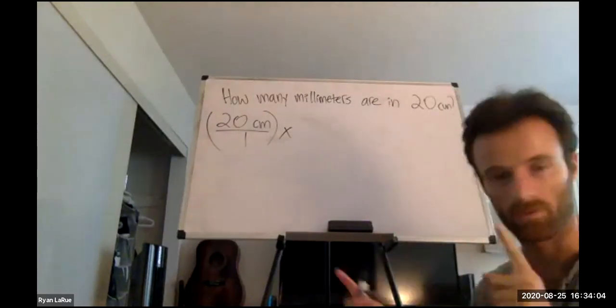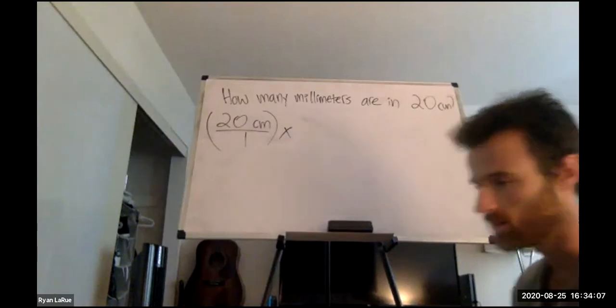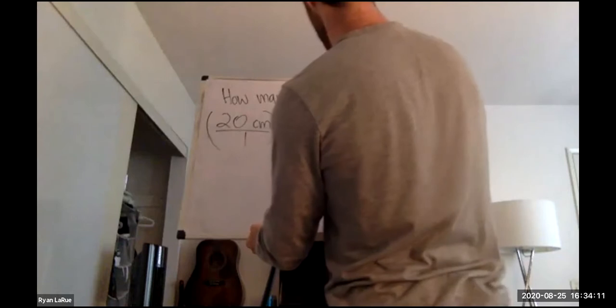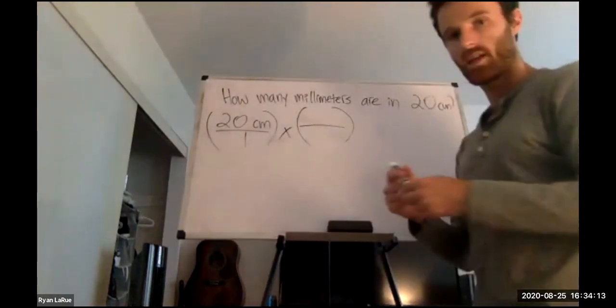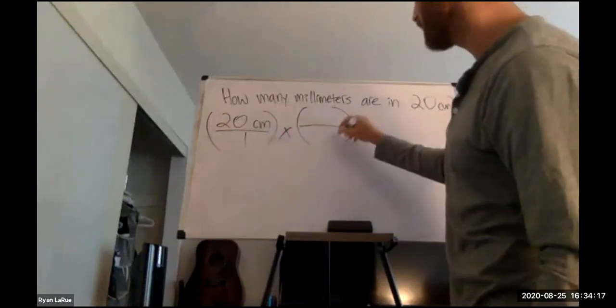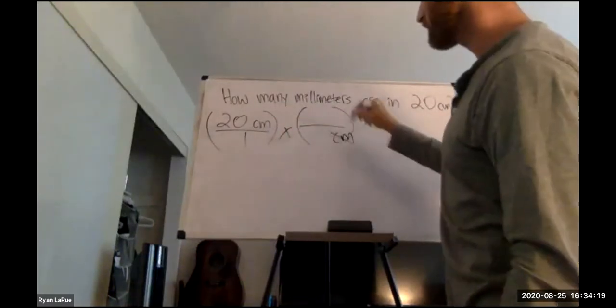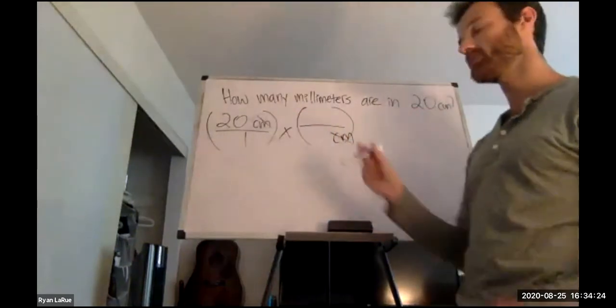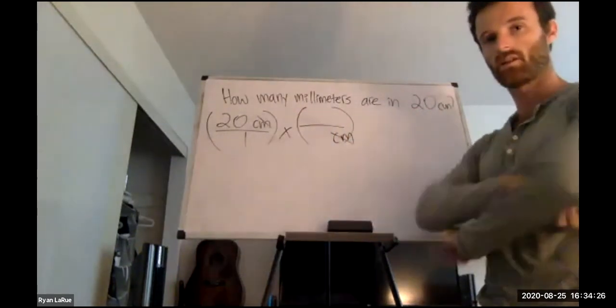So I have to know the conversion. So this is what I do. I set up the next fraction here to multiply. And I automatically put this unit on the bottom so that they cancel out, because I'm trying to get to millimeters. So I'm always just canceling that first one out. I'm converting.